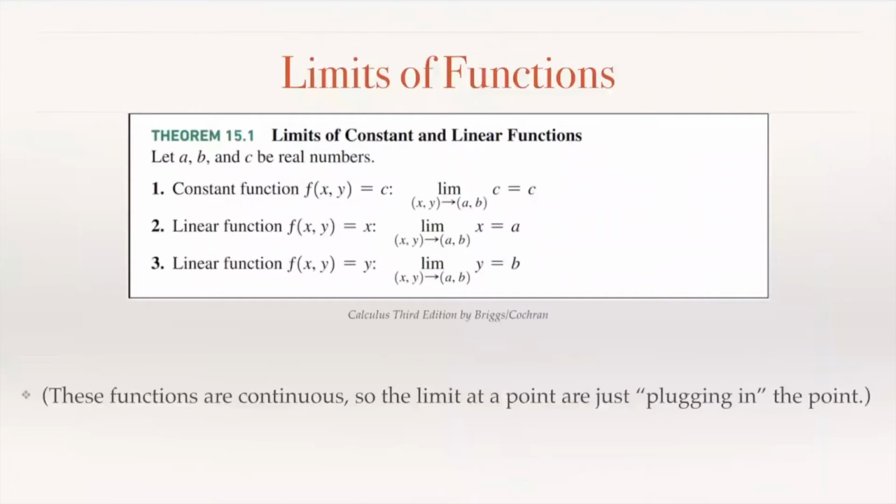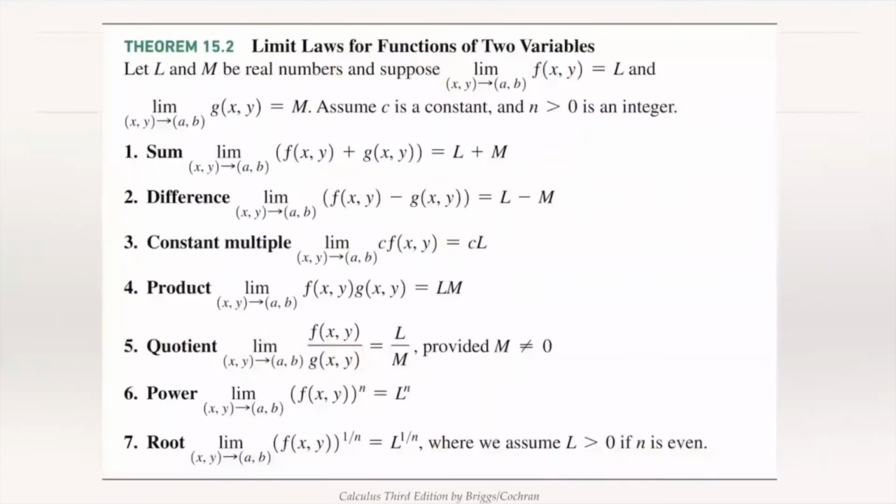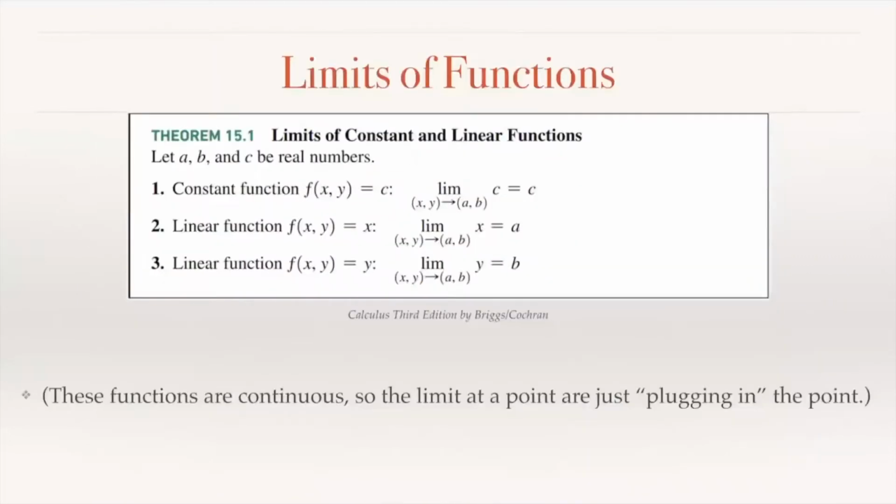Now, limits for multivariate functions obey the same laws as for a single variable. So if you have the constant function, f of x,y is always constant, then the limit as x,y approaches a,b of that constant is the constant. That's reasonably clear.